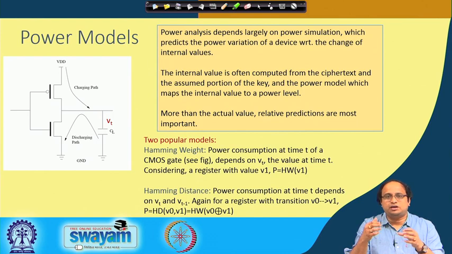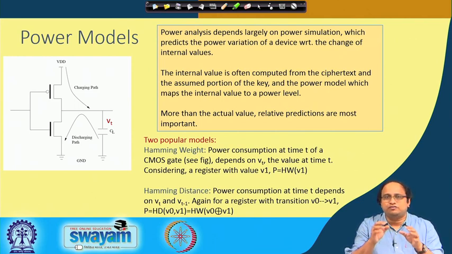But on the other hand, if you have this skewness in the power consumption, that means when you are charging to a 0 state or to a 1 state, if there is a bias, then that would imply that it still correlates with the corresponding Hamming weight at time t. And that means even in that context, a Hamming weight model may work pretty well, even if you are not applying the Hamming distance model.